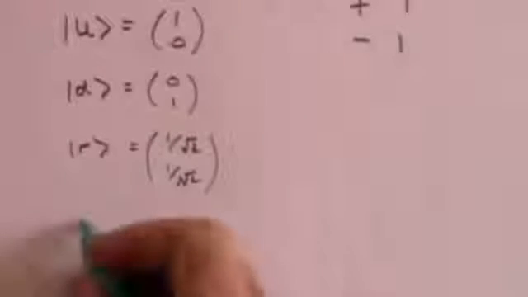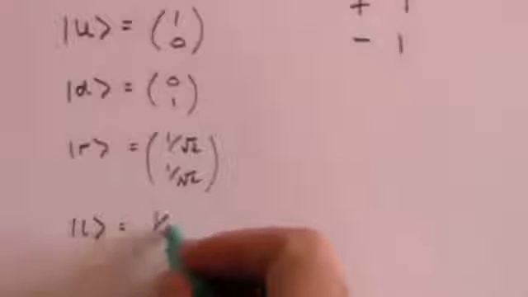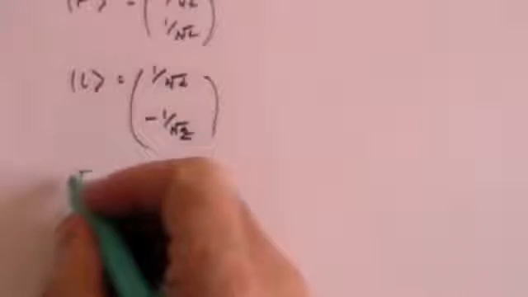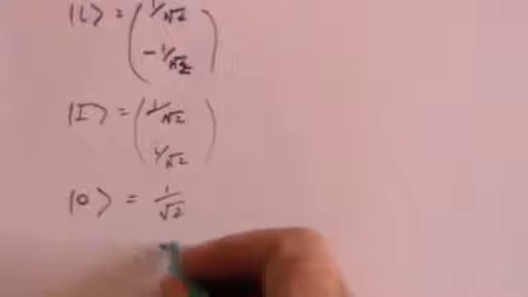Left was represented as 1 over root 2, minus 1 over root 2. In was represented as 1 over root 2, i over root 2, and out was represented as 1 over root 2, minus i over root 2.